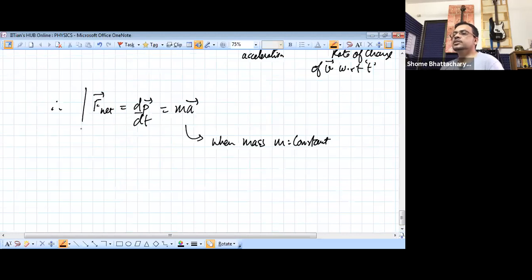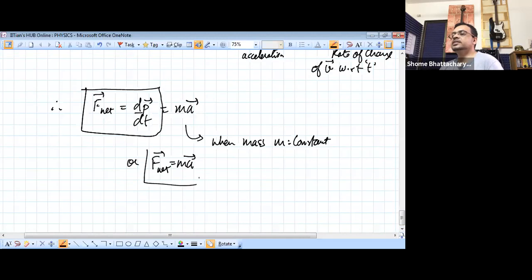So the general equation is this one, but the specific equation becomes this. But this is now a conditional statement, whereas this one is a general statement. This is conditional for mass being constant.